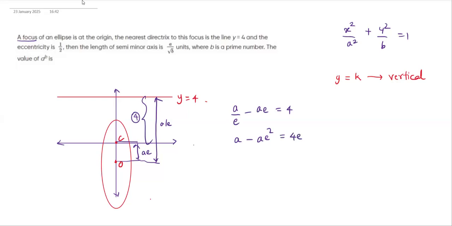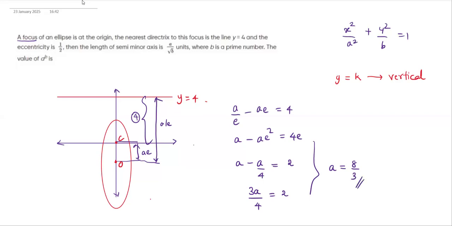The value of e is given to you, 1 by 2. So a minus a by 4 is equal to 4 by 2, which is 2. So this becomes 3a by 4, which is equal to 2. From this, we get the value of a as 8 by 3.